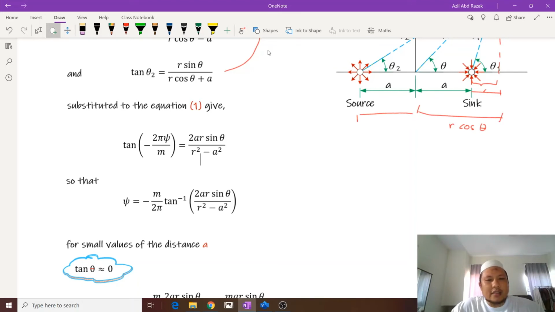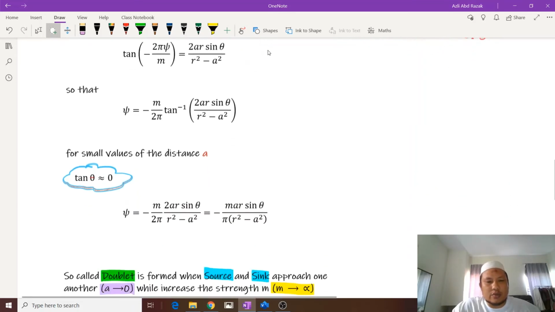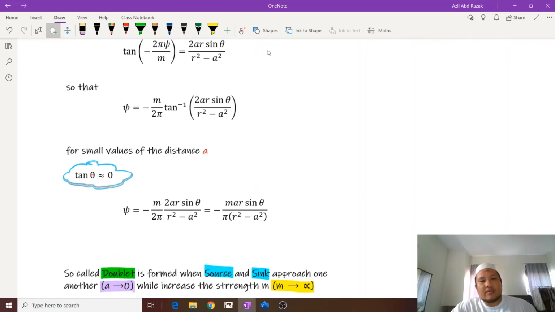And then we know that if the tangent is approaching zero, it is more or less equal to zero. So for a small angle theta, we can write the tangent as r sine theta.